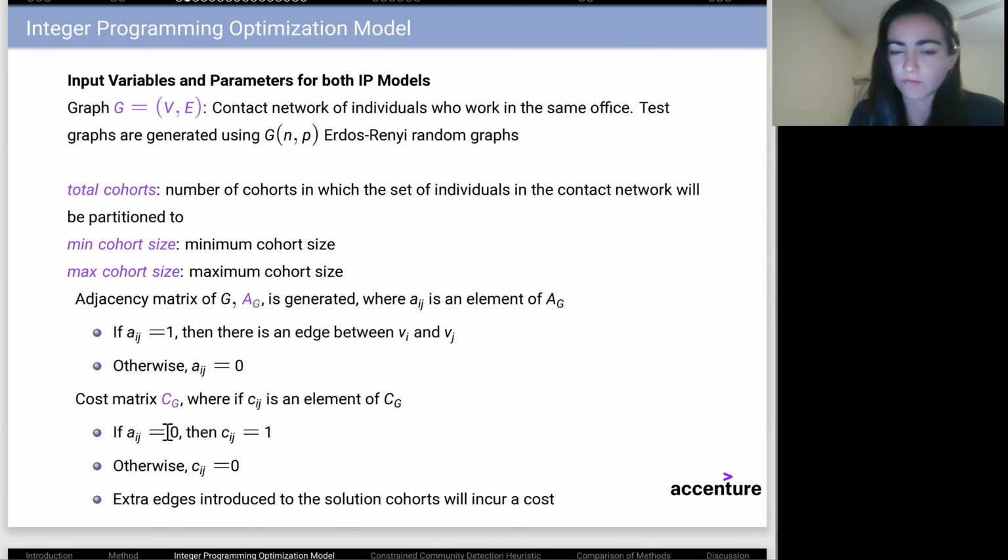So if they're not adjacent, then the cost matrix is 1 for that set, and otherwise the cost matrix is 0. So if two vertices are adjacent in the contact network.